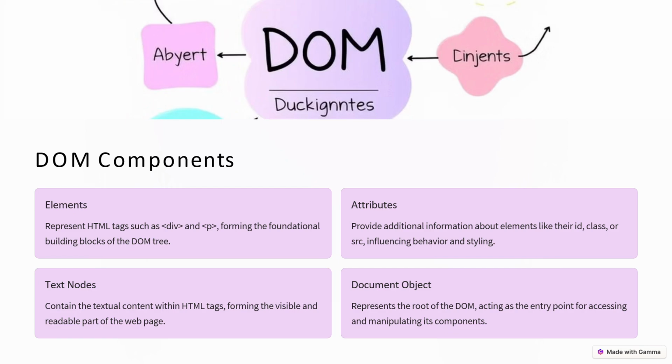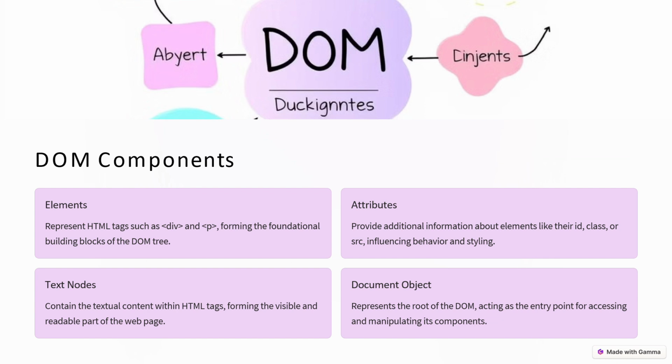So, DOM components. There are four components the DOM has. First, elements. They represent HTML tags such as the div tag and p tag, forming the foundational building blocks of the DOM tree. Second, attributes.